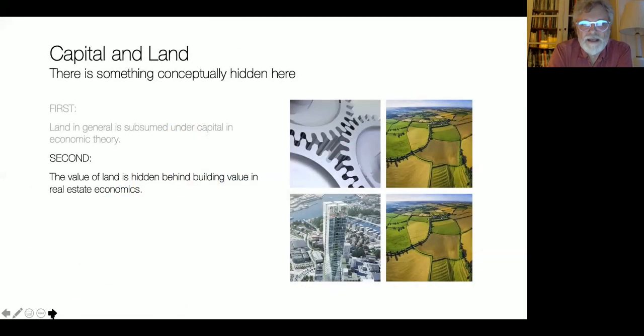So here we have a second thing that brings some conceptual confusion, and that is that the value of land often is hidden behind the building value in real estate economics, even though obviously one talks about land value and location in real estate economics, as we know. But often we also look very much to the enhancement of land through buildings, and that takes center stage in such discussions.